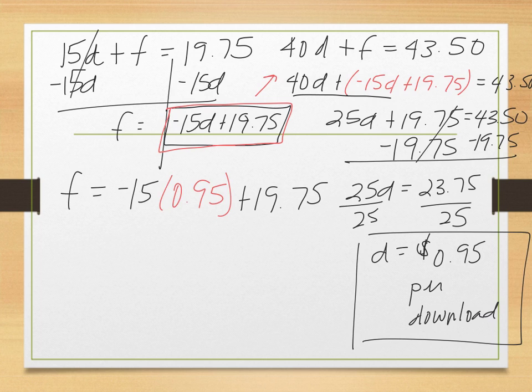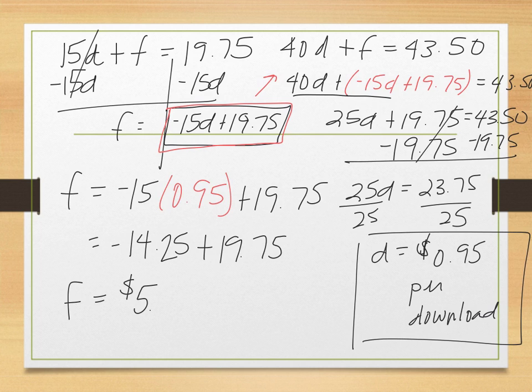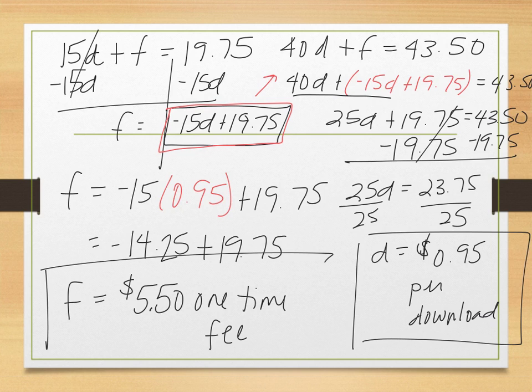So 15 times our 95 cents will equal negative $14.25 plus the 1975. So our fee will equal $5.50. So $5.50 one-time fee. And now we've solved the problem in the context of this problem.